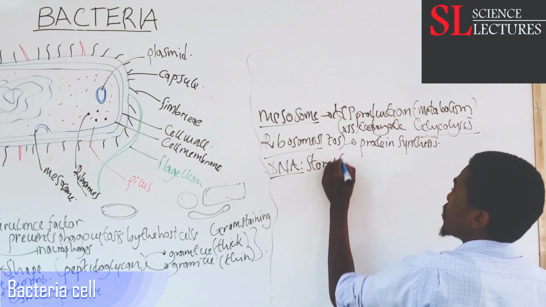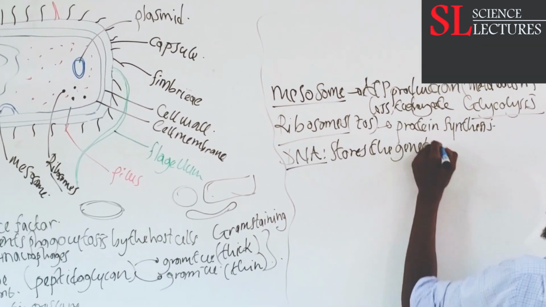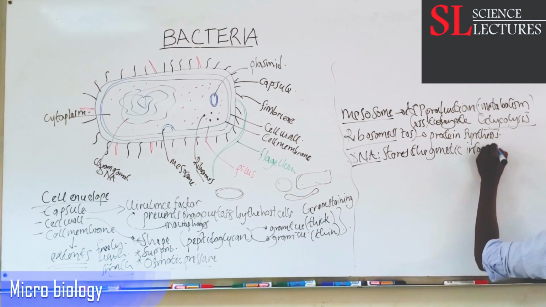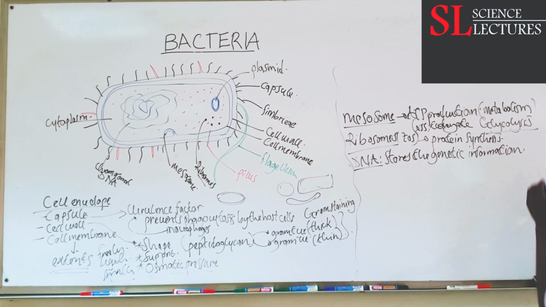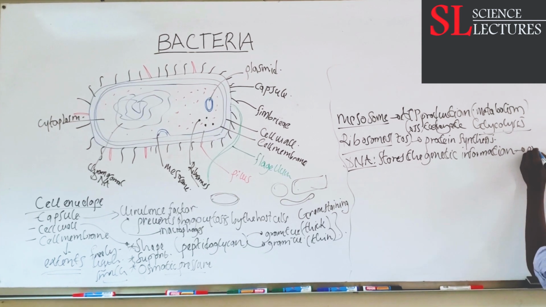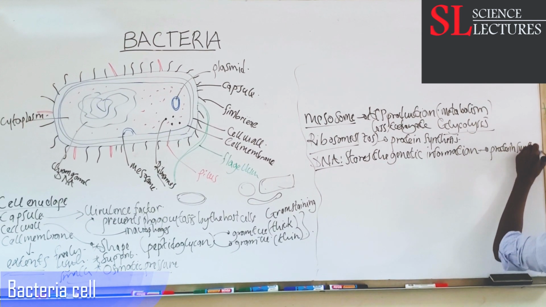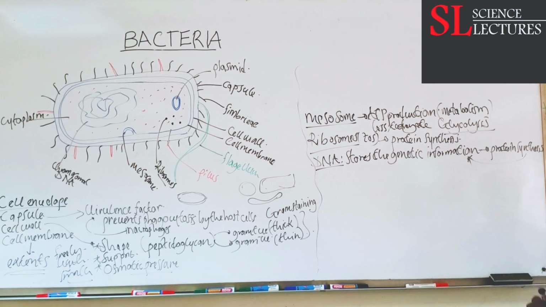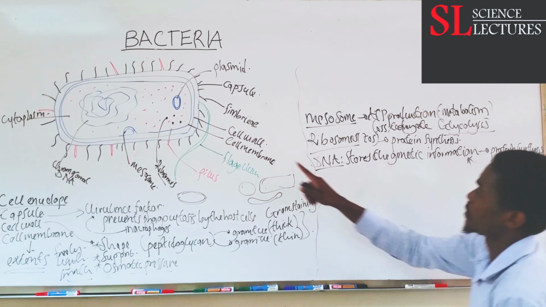It stores the genetic information on which we'll have protein synthesis. For protein synthesis to take place, it requires some form of information stored, and that information is stored in the genetic material of this bacteria, which is the DNA.